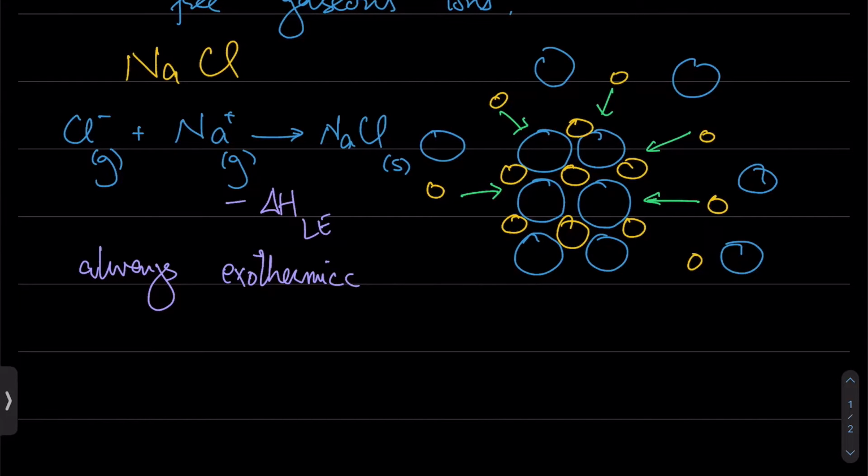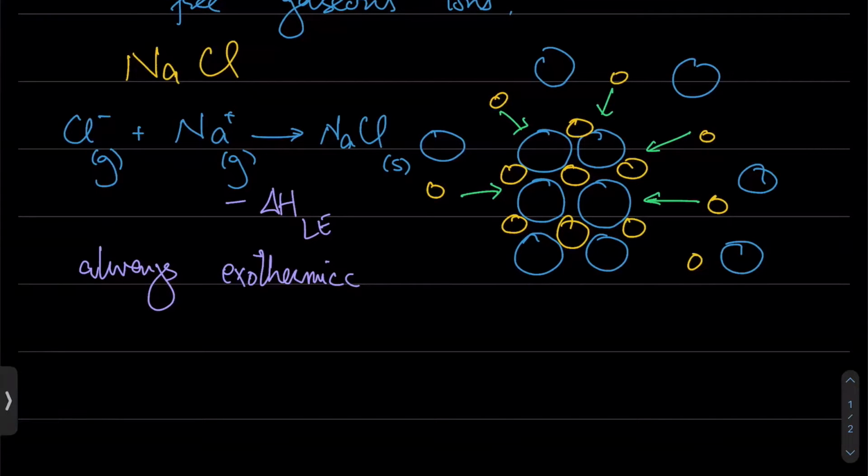Okay, so that's the enthalpy or the lattice energy that we have. Now, what does it depend on and why is it important? In a way, lattice energy tells us the strength of the ionic bond that you have, because the energy is always released through the bond. So obviously stronger bonds, higher energy, that's all.